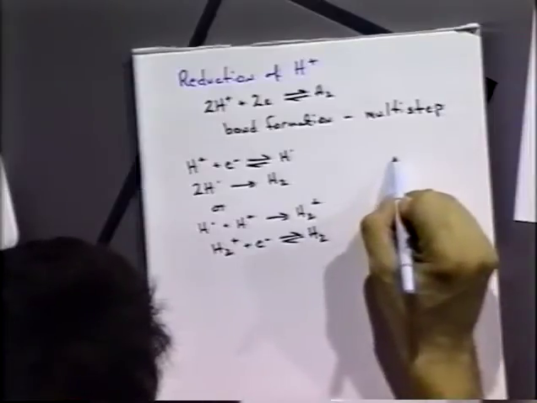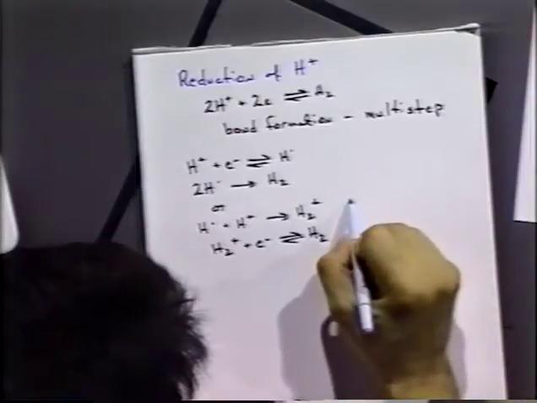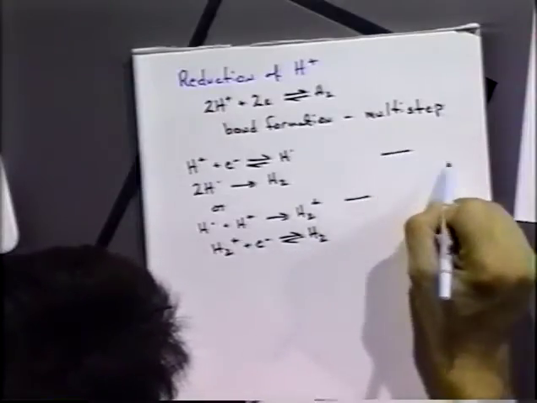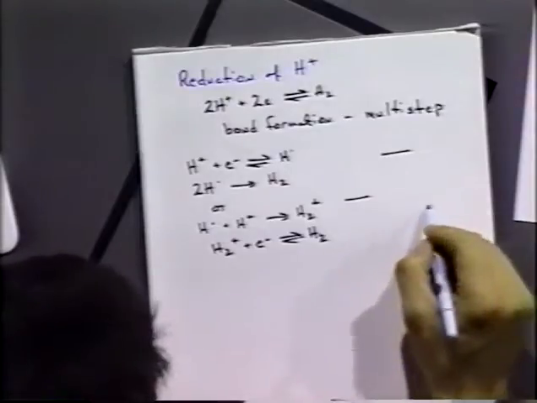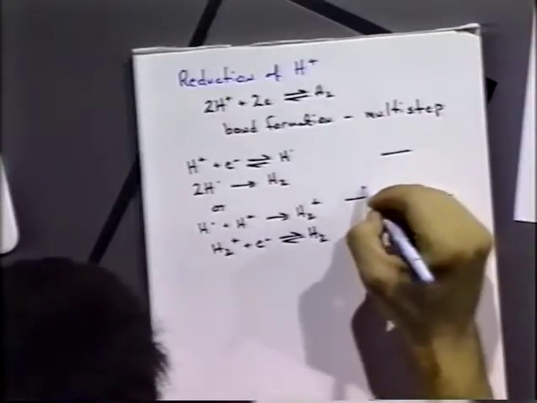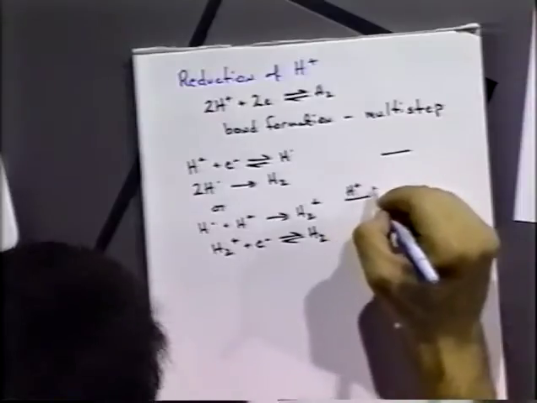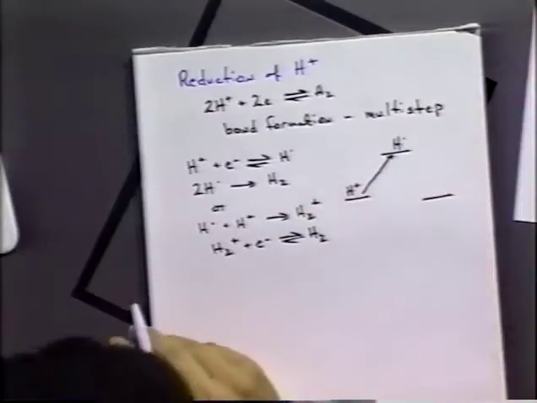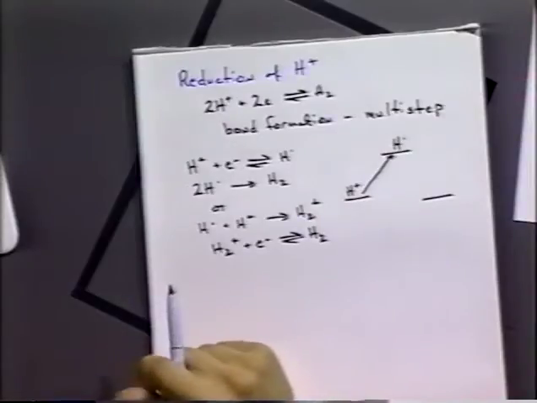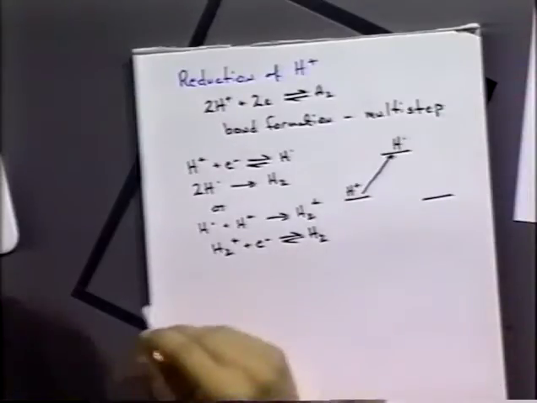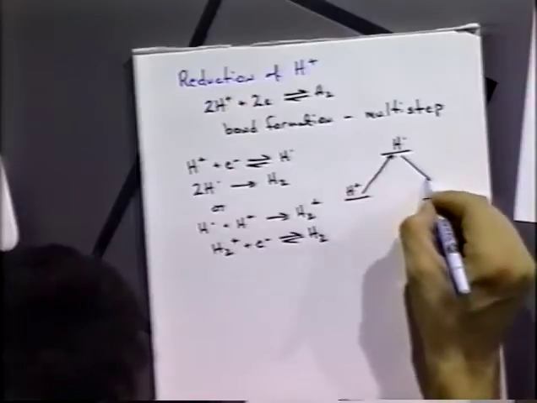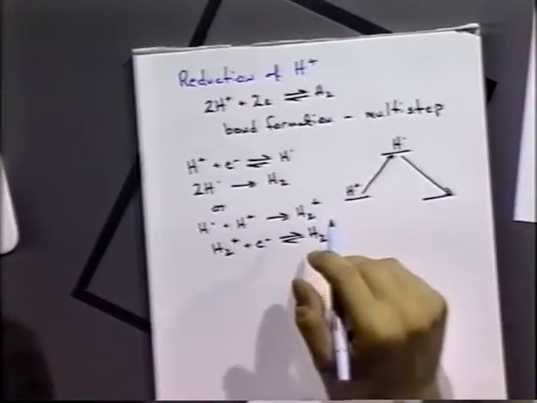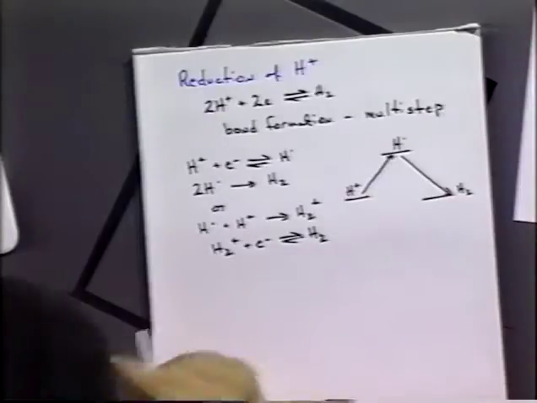One of the things you can think about in this particular reaction is changing the overall rate of the reaction by considering the fact that the proton must go to some higher energy state, this hydride. We don't see these in solution, so they must be a higher energy than the protons. And then it can go back to a lower energy state, the hydrogen gas.